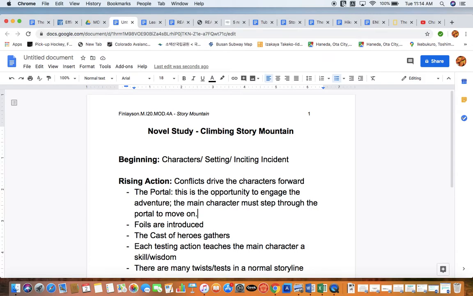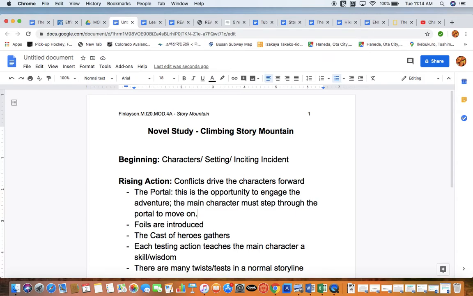So if you think of the example of Alice in Wonderland, obviously the portal is Alice falling down the rabbit hole, right? If you think about the novel The Hobbit, the portal would be Bilbo deciding to join Gandalf and the dwarves and running out of his house even without his handkerchief to start this adventure.